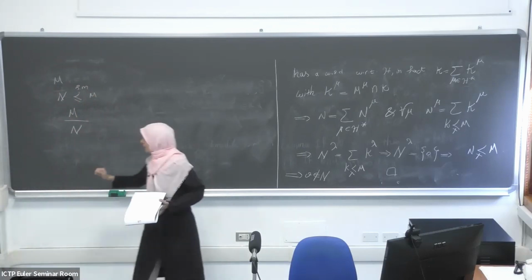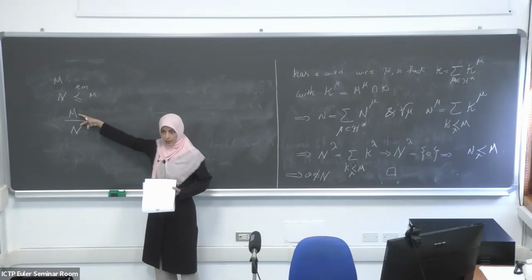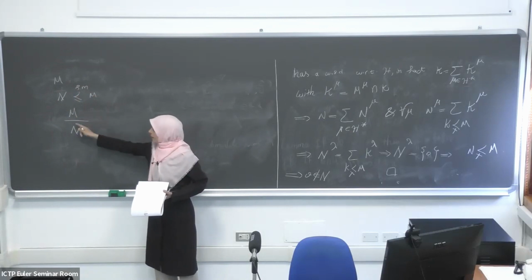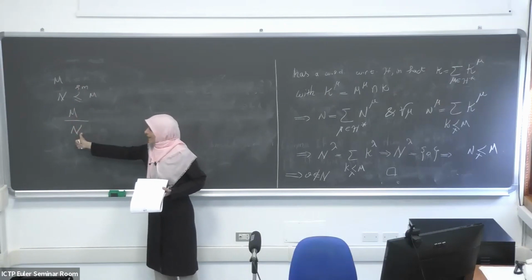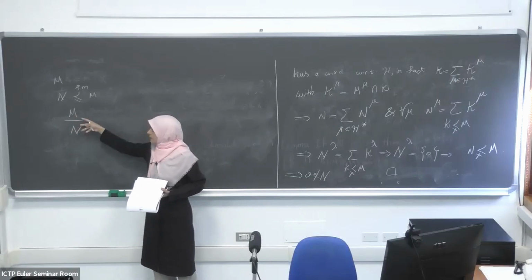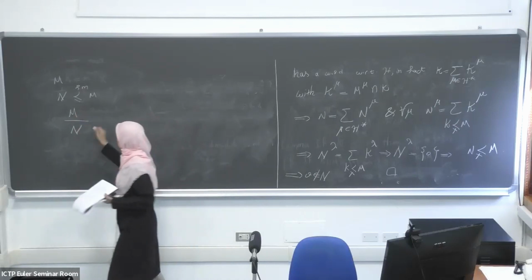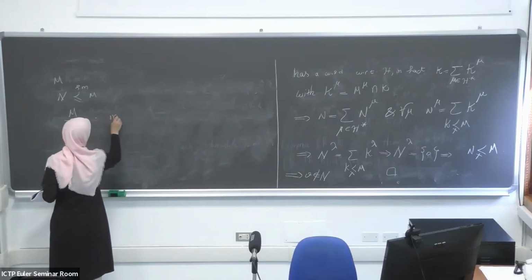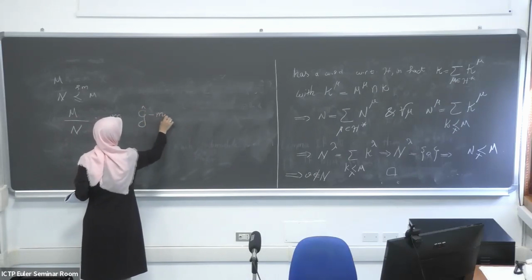And you remember, I told you that submodules of a quotient correspond to submodules that contain N. And as N is a maximal submodule, this does not contain any non-trivial submodule. So it is an irreducible module. It is an irreducible G hat module.